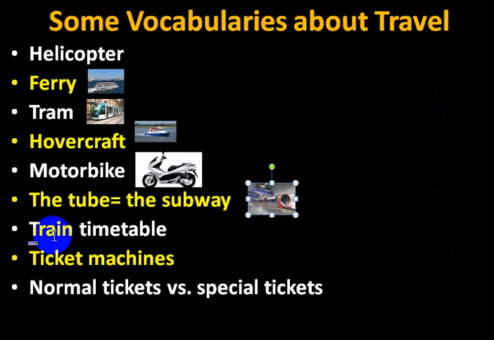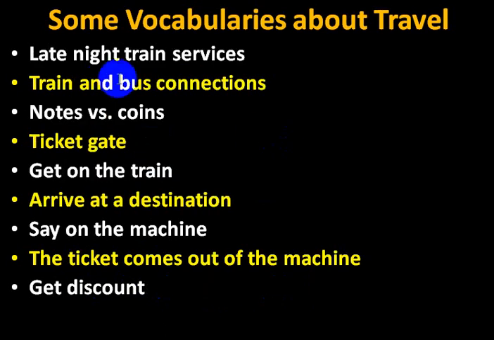Here we have a train timetable, ticket machines, normal tickets, special tickets. We also have late night train services, train and bus connections, notes versus coins. This is for money. Ticket gate, get on the train.